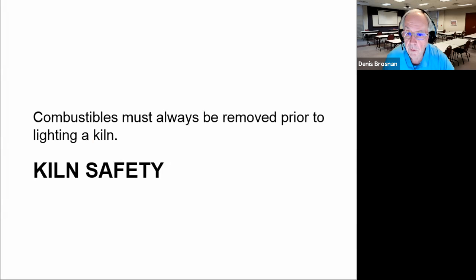So we'll talk about kiln safety. The basic idea is that combustibles must always be removed prior to lighting a kiln. Now, I've been involved, at least on the periphery, in a support role where there was a kiln explosion.